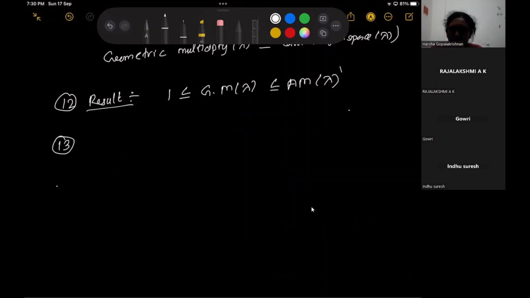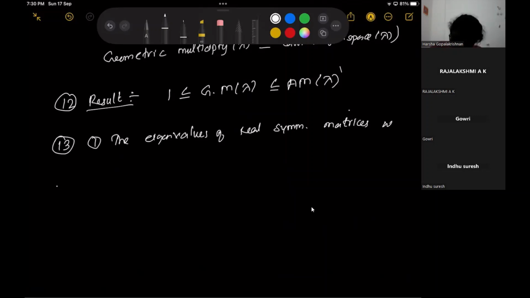Now, let me go through some of the standard results. The first one is the eigenvalues of real symmetric matrices are real.